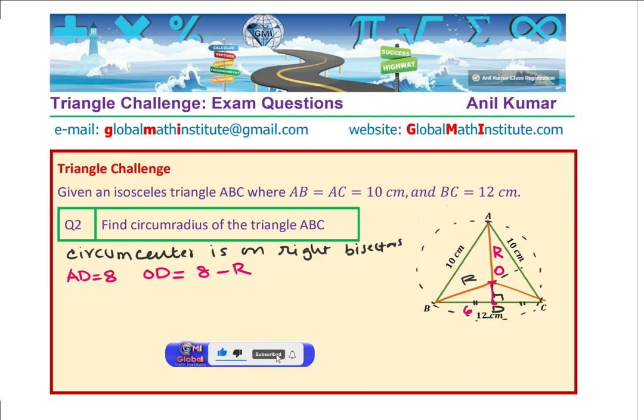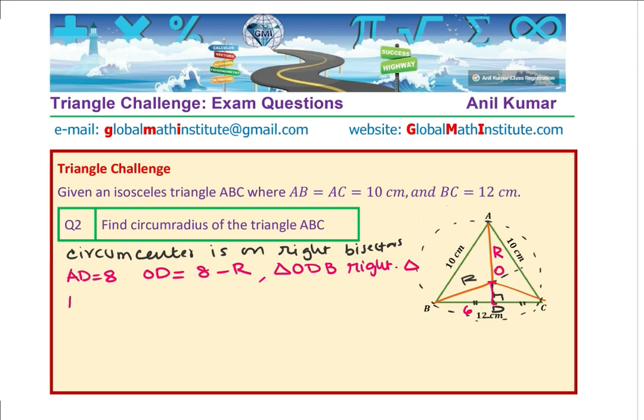And now we have to see that this particular triangle, which is ODB, the angle at D is 90, so ODB is a right triangle. So we can apply the Pythagorean theorem and find a relation between BO, OD and BD, right?